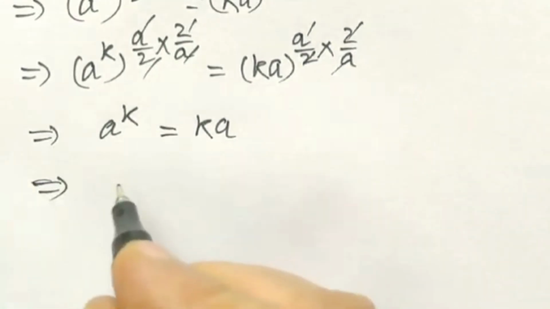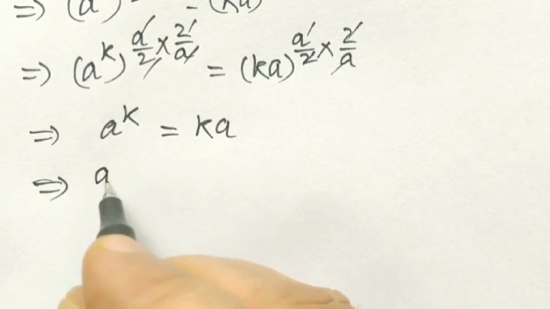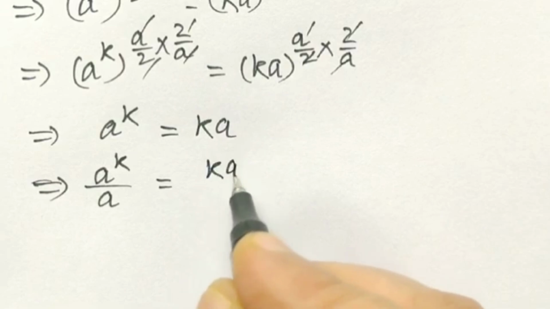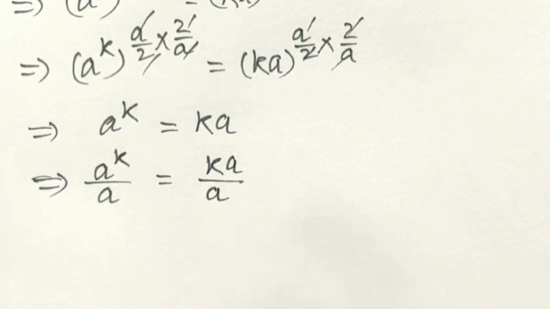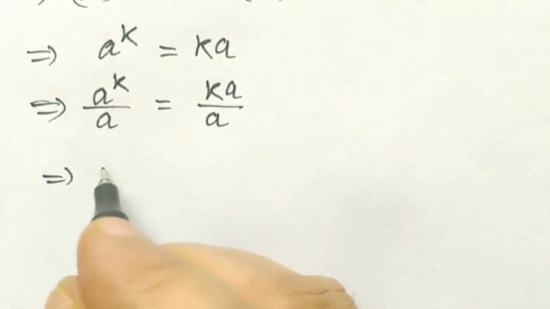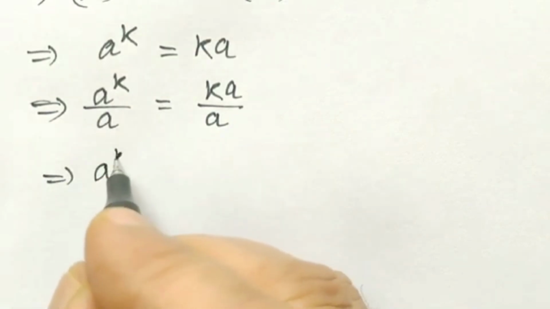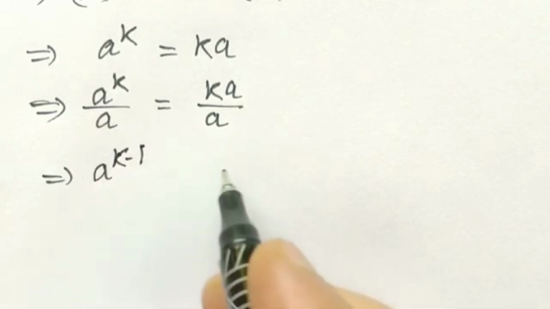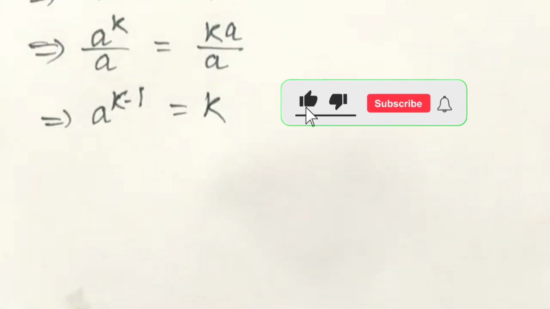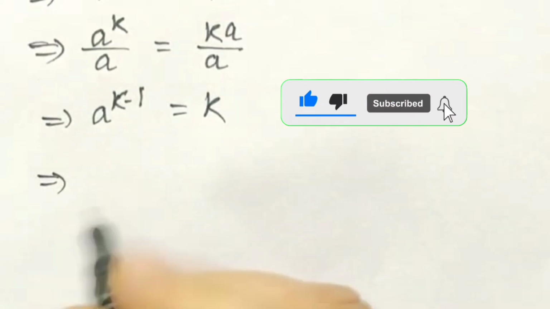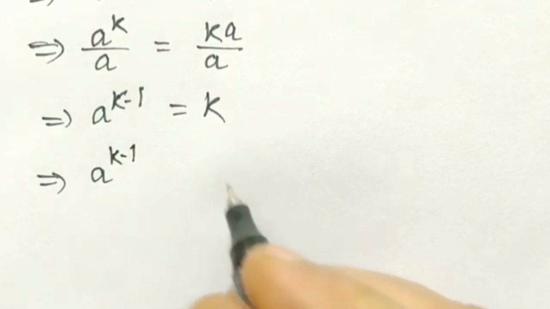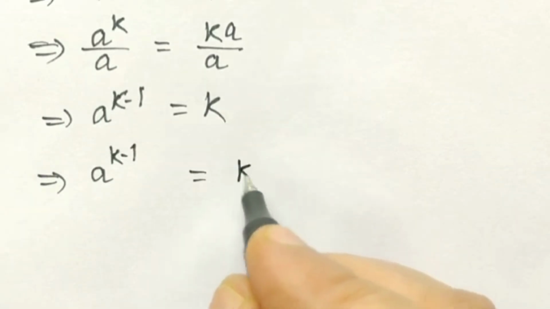If we divide both sides by a, we get a to the power k minus 1 is equal to k.